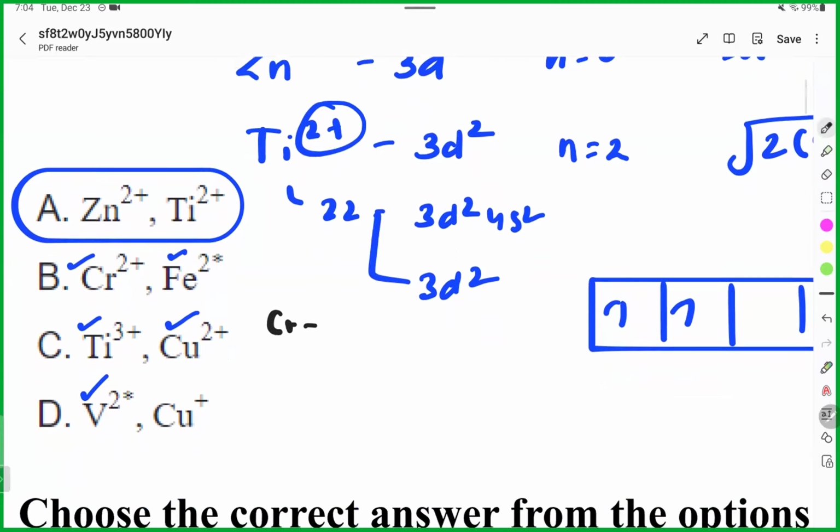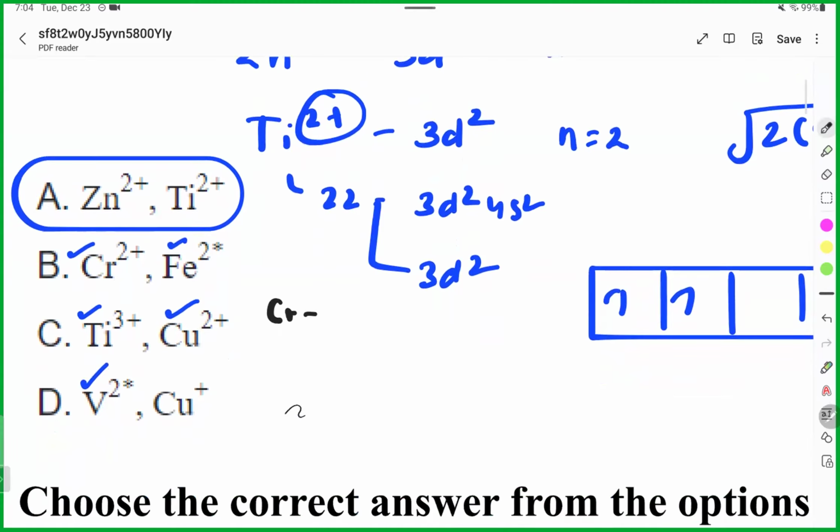Sir, root 15 for vanadium. Vanadium 2 positive. Yeah, root 15. Copper 1 positive means 3d10.